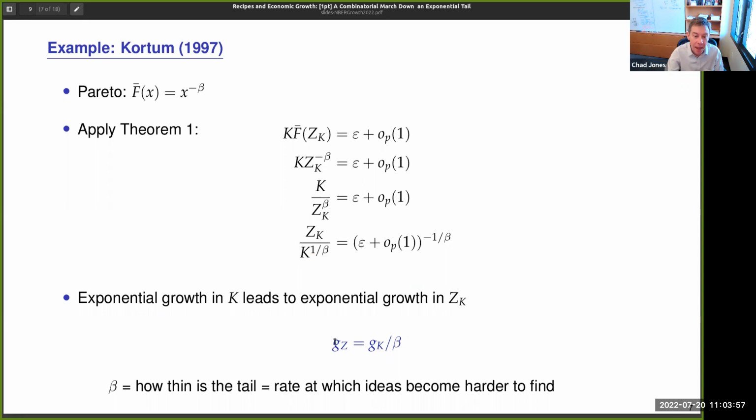And the growth rate of the max, again, apart from the noise, is the growth rate of the number of draws divided by beta. It's the growth rate of the number of draws deflated by how thin is the tail of the Pareto distribution, which I like to think of as the rate at which ideas are becoming harder to find. So the growth rate in Kortum is the growth rate of the number of draws deflated by how hard ideas are to find.